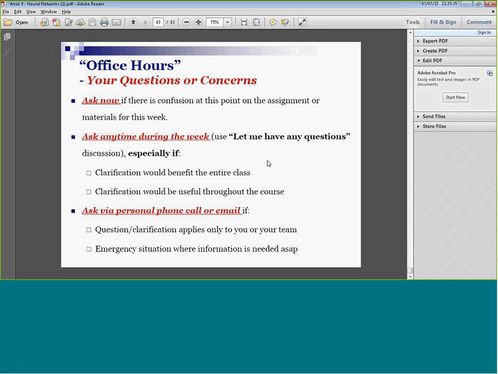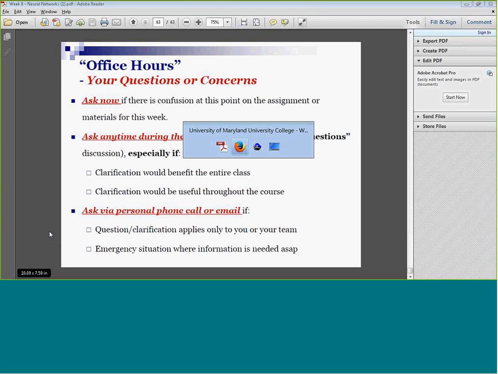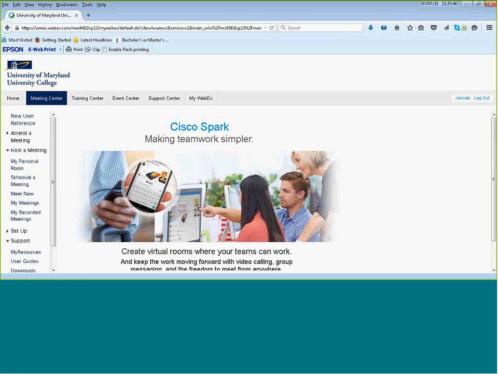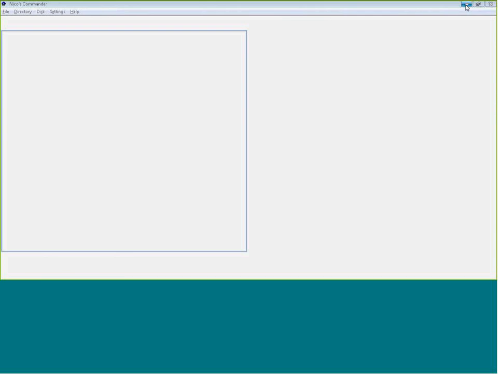I'll put a screenshot in because one of the things I like about it is that when you get the final answer, you can see it visually. Let me bring up that screenshot.